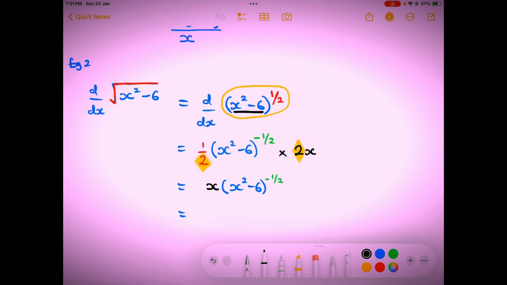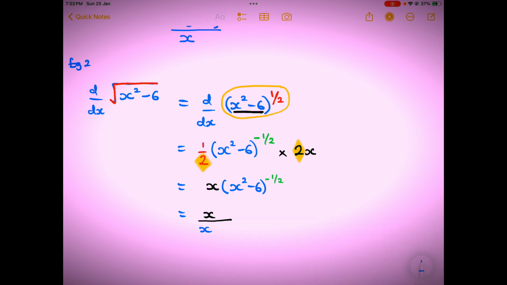So I can simplify further by moving all this down so that I get the index, which is the same as the power, to be in the positive form. So x squared minus 6, all in brackets to the power of 1 over 2. So guys, this is what we have.